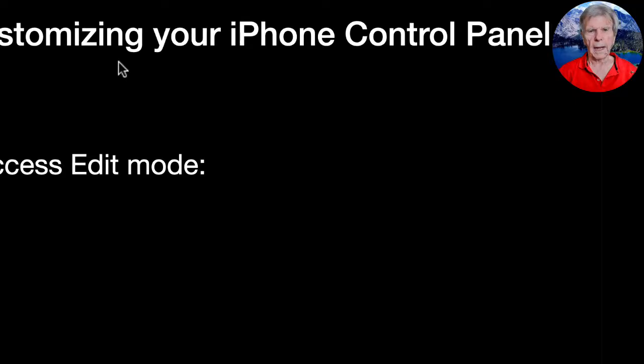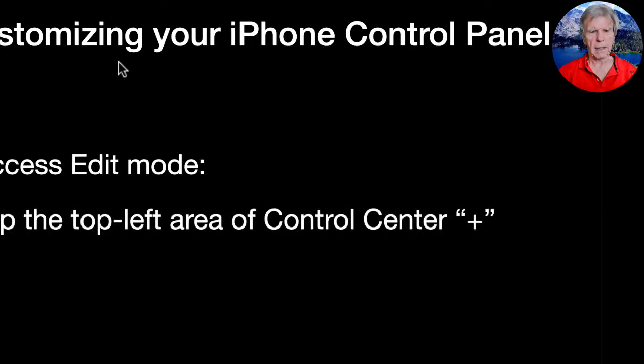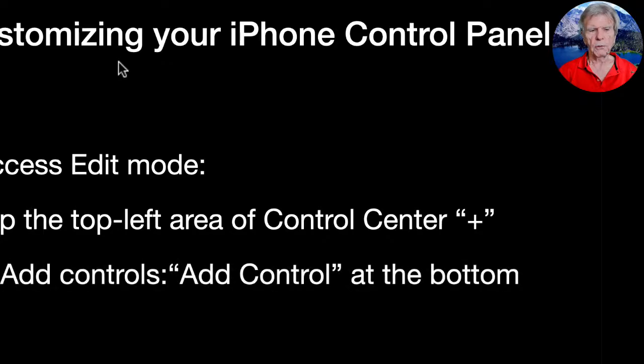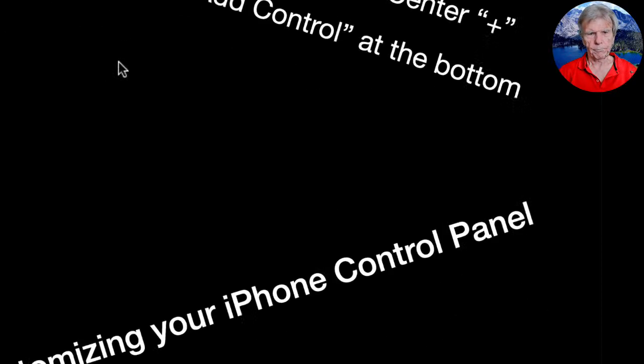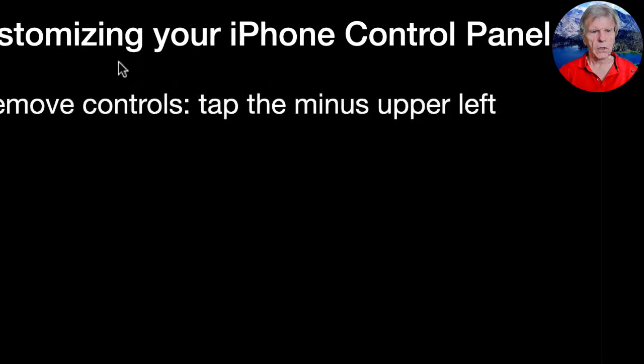And you can also edit it, and to access the edit mode, you go to the upper left-hand corner and press the little plus sign, and then you can add controls with the Add Control button that appears at the bottom. You can also remove controls, because when you get into this edit mode, a little minus sign appears at each control.